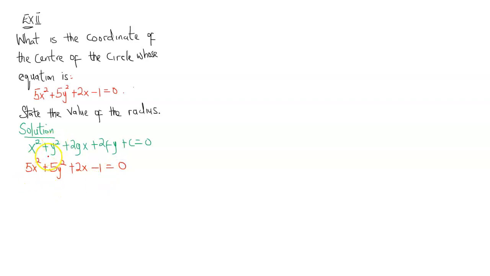Now, if we compare both, we would see that first, the coefficients of x squared and y squared are the same. So that's good, because if the coefficients are different, then this equation would not be representing a circle. But we need to make the coefficient of x squared and y squared equal to 1. So the first task ahead of us here is going to be to divide both sides of the red equation by 5.